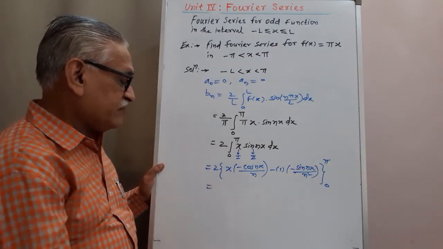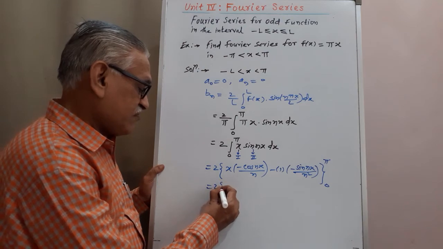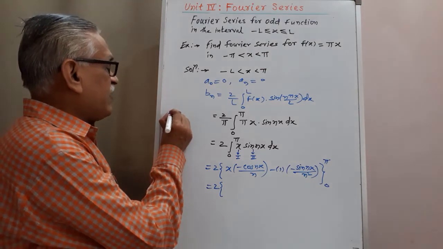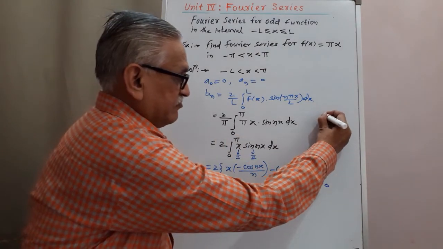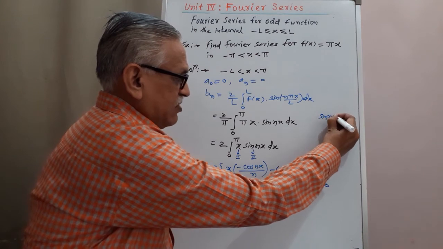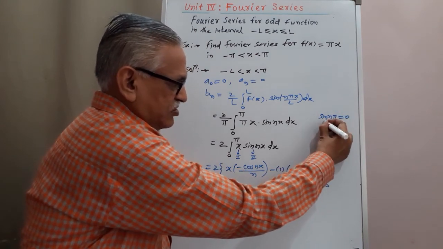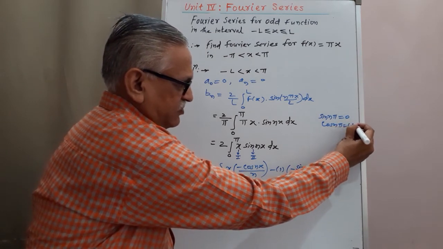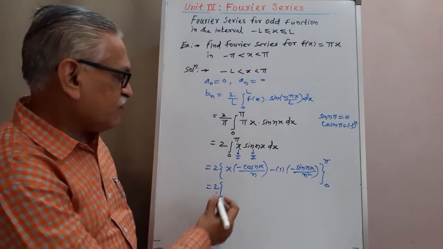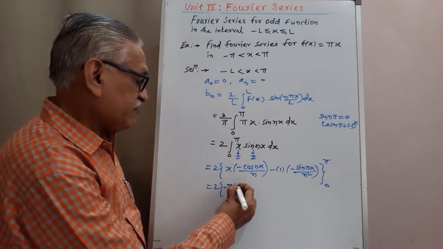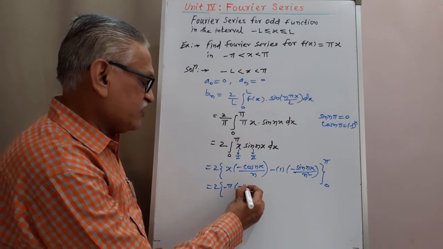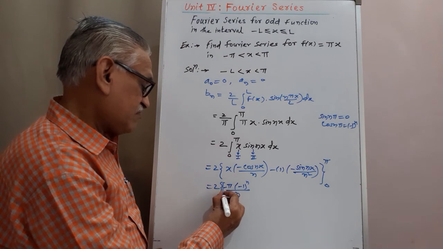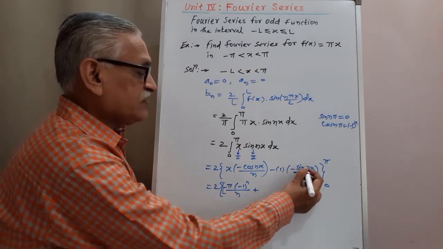Therefore we get 2 times. When we substitute the upper limit, we have the two terms sin n pi and cos n pi. The value of sin n pi is 0, and the value of cos n pi is minus 1 raised to n, and therefore this becomes minus pi times minus 1 raised to n divided by n, minus minus plus, and sine of n pi is 0.